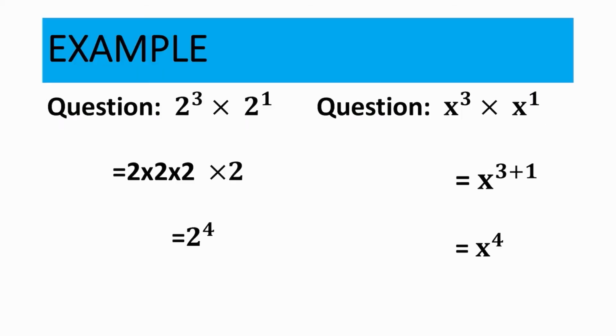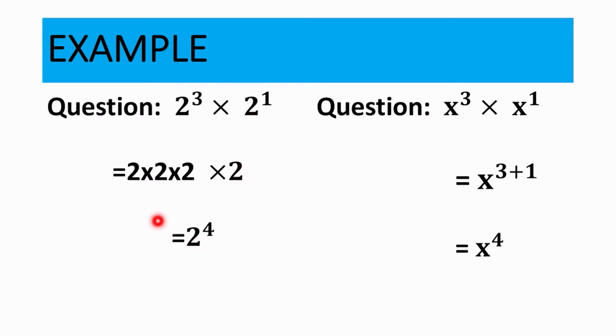This question reads 2 cubed multiplied by 2 to the 1st power. This being written in its expanded form is 2 being multiplied by itself 3 times, representing this first term. We place back our multiplication sign, and for our second term the representation is 2, because 2 risen to the 1st power is just 2.